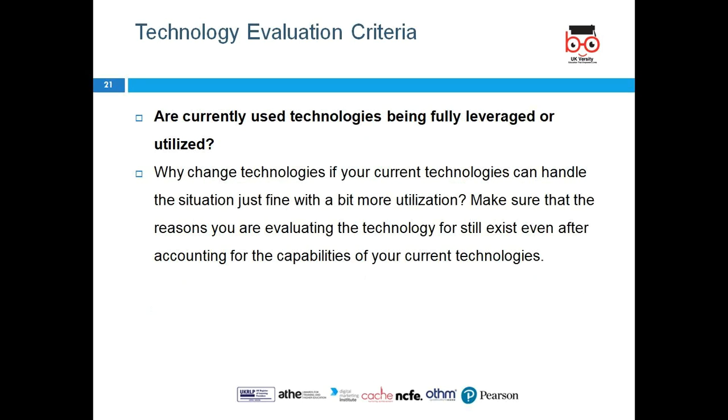Instead of introducing the new change, you try to fully use and leverage the existing system, and then think about any change, isn't it?